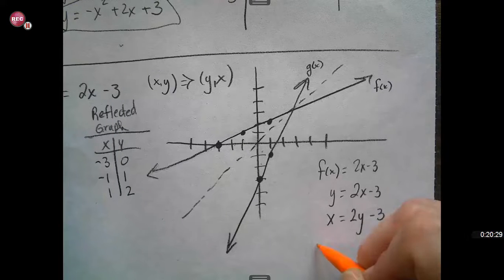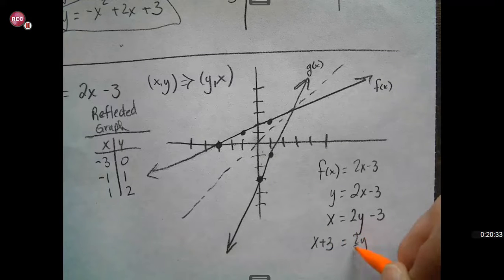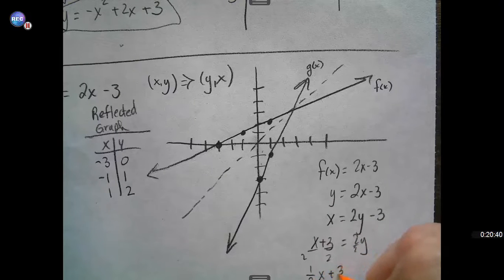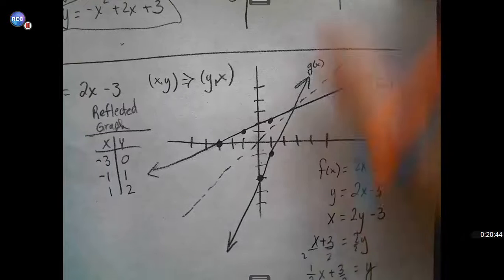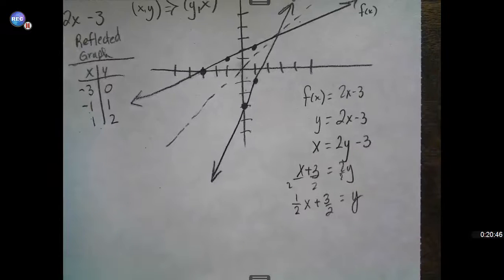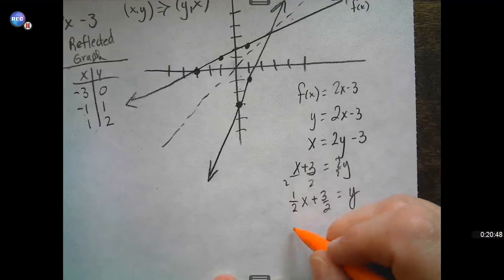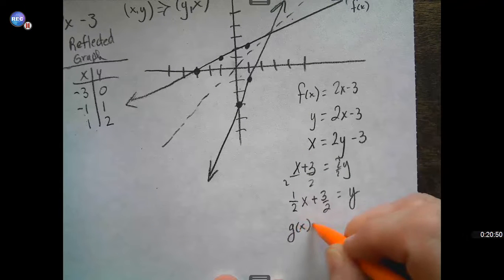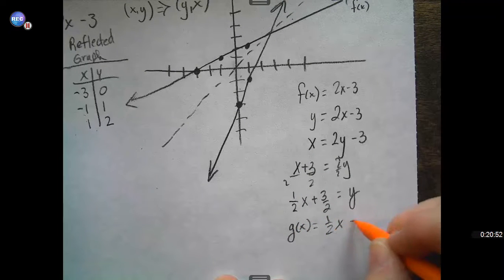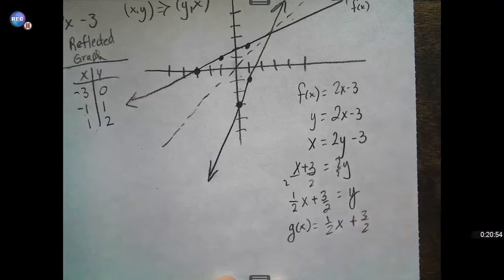And so I get x plus 3 equals 2y, divide everything by 2, and I get 1/2 x plus 3/2 equals y. And then, as I said, if we're using function notation, we can change that to g of x equals 1/2 x plus 3/2. Okay, and we just did that reflection.